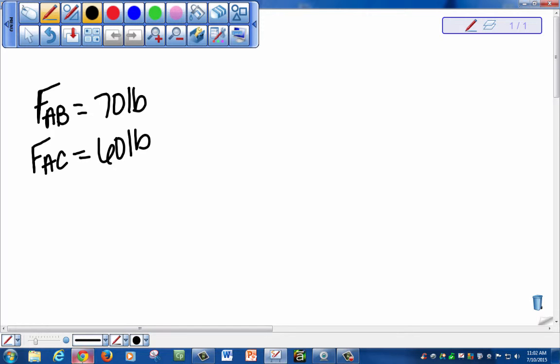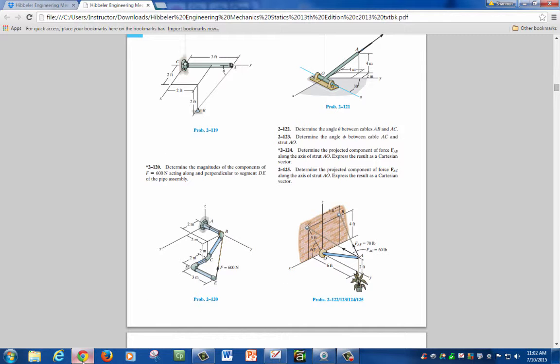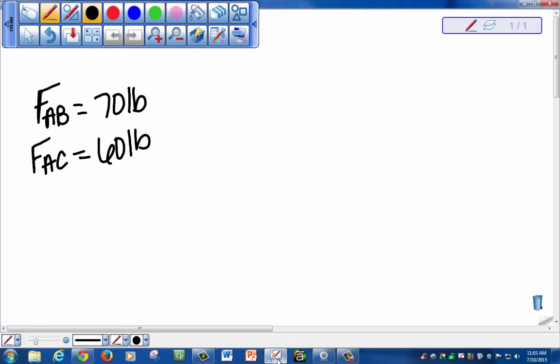And when we look back at the diagram, we're able to tell the locations of point A, point O, B, and C. Point A doesn't have an X coordinate, but has a Y coordinate and a Z coordinate.